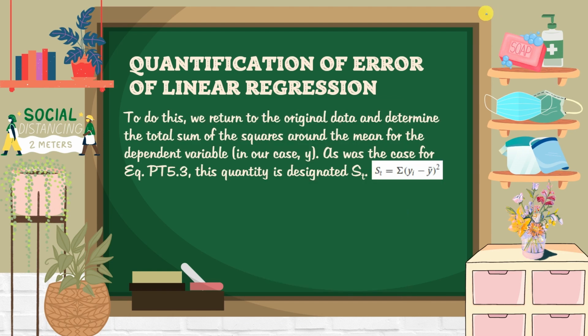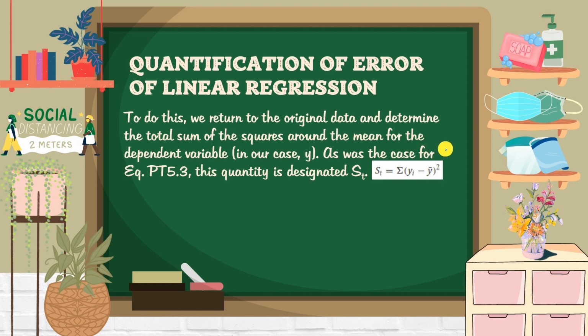To do this, we return to the original data and determine the total sum of the squares around the mean for the dependent variable, in our case y. As was the case for equation PT 5.3, this quantity is designated as S sub t. Recalling, S sub t is simply the summation of the difference of y sub i and the arithmetic mean y, squared.